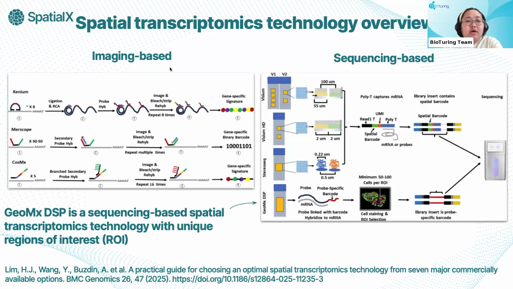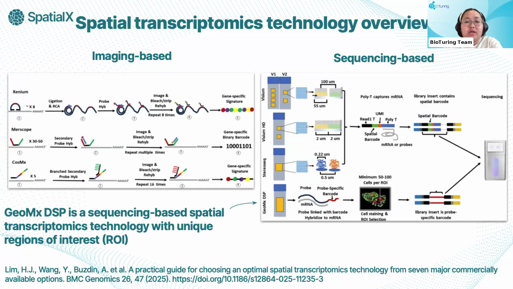On the left side here, we have the imaging-based methods such as Xenium, MERSCOPE, and CosMx. These technologies rely on highly multiplex fluorescent probes, as you can see here, different kinds of probes that physically bind to RNA transcripts within the tissue slice, and then the location of these transcripts is captured and sequenced by taking multiple high resolution images.